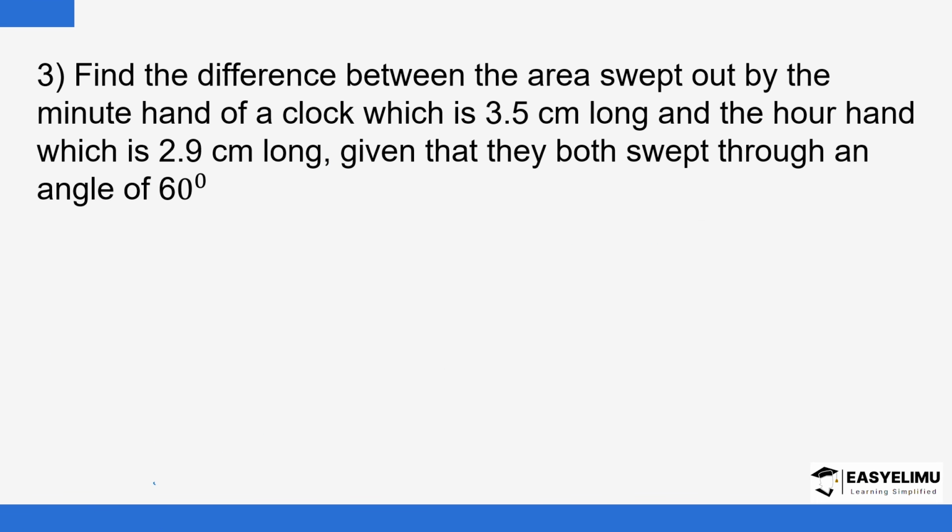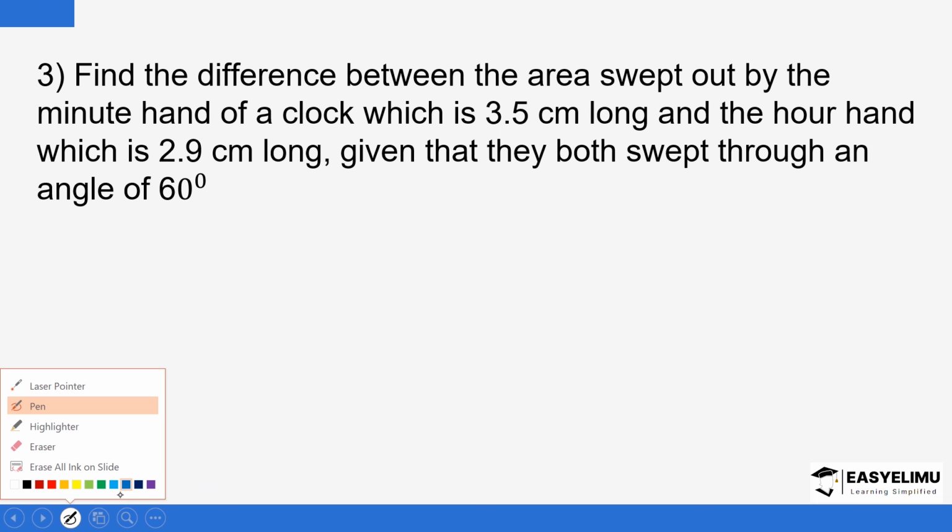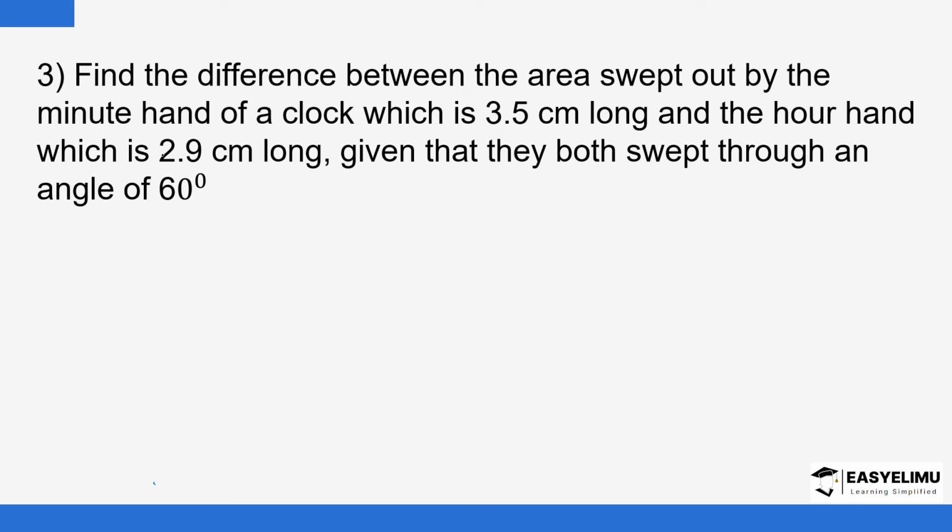So we have a final example here on applications. Find the difference between the area swept out by the minute hand of a clock, which is 3.5 centimeters long, and the hour hand of a clock, which is... Actually, this is supposed to be, let me change this to 0.7.